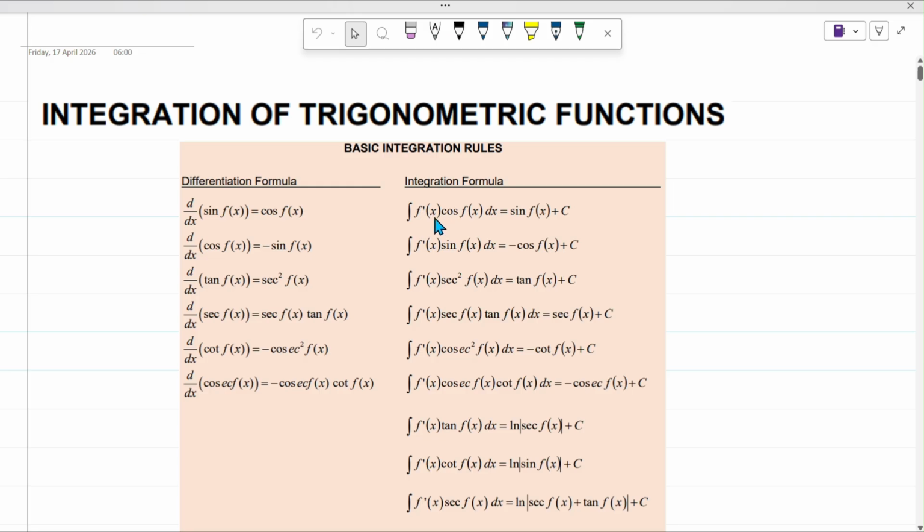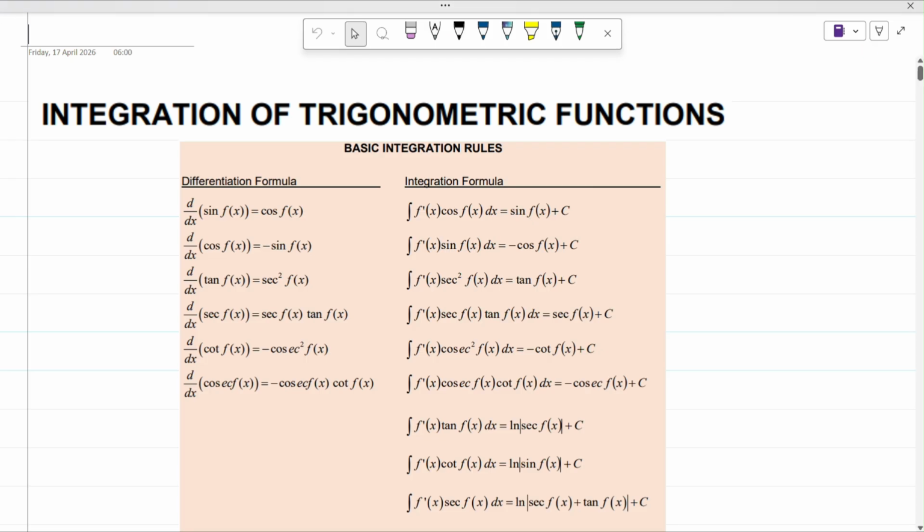You must always make sure you have it next to your trig function before you integrate. So for cos of f of x, we must make sure that there is f prime of x, and then we conclude that the integral of this whole thing is equivalent to sine of f of x plus c.